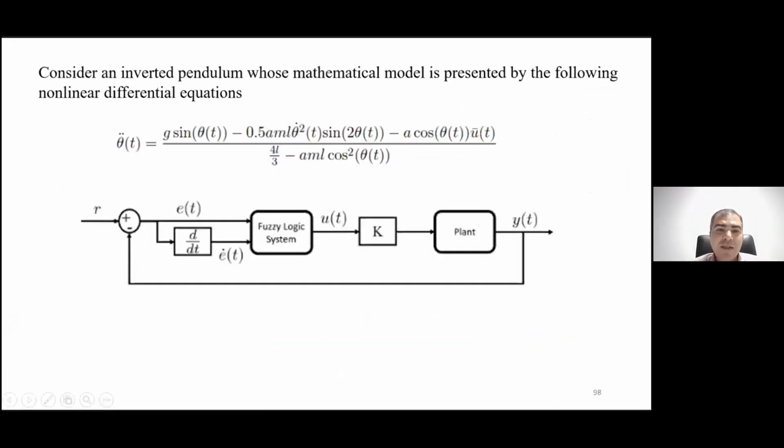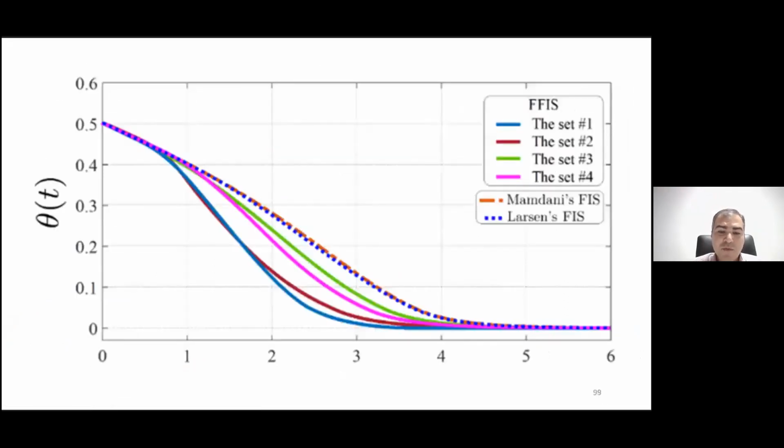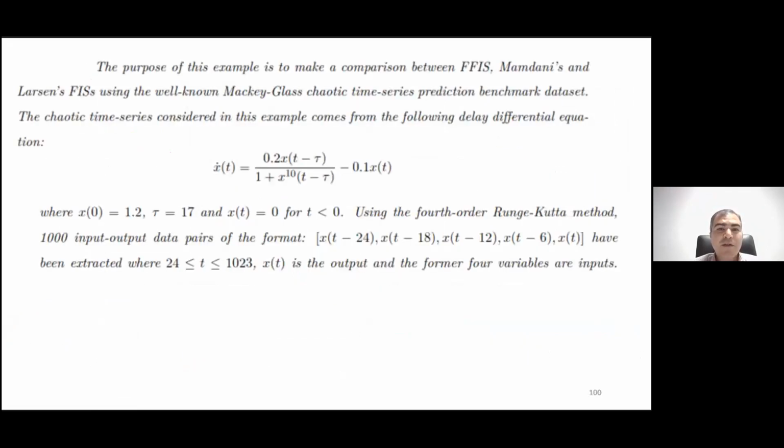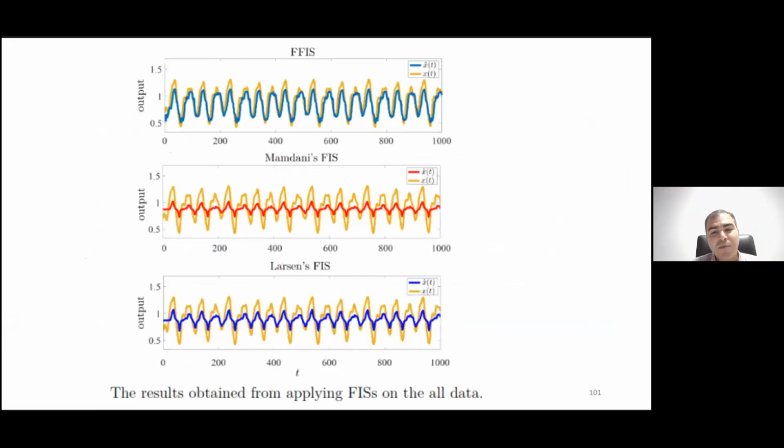If we applied the FFIS on the inverted pendulum system, as we said and predicted, we got more satisfactory results. And also we applied a Mackey-Glass chaotic time series for prediction purposes, and it turns out that with FFIS the accuracy increases.